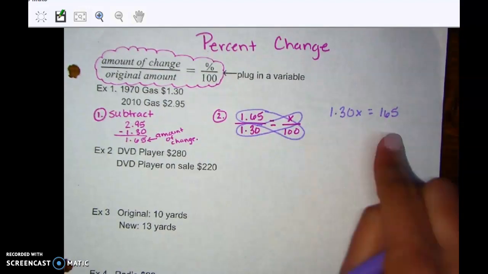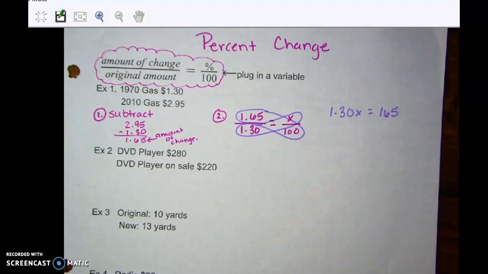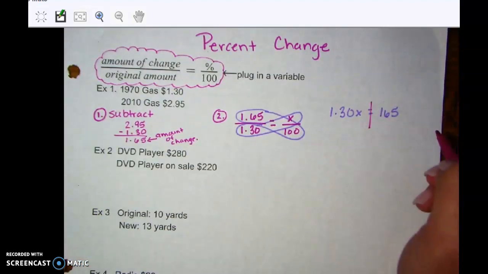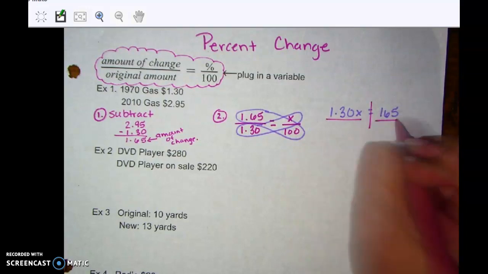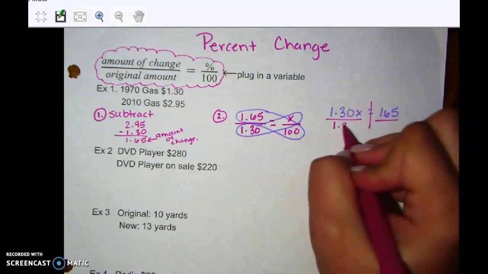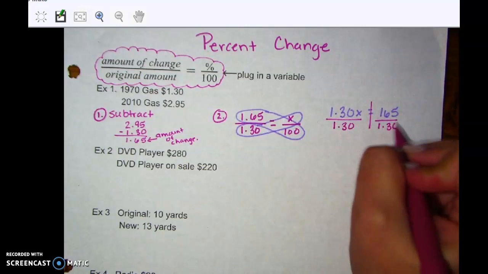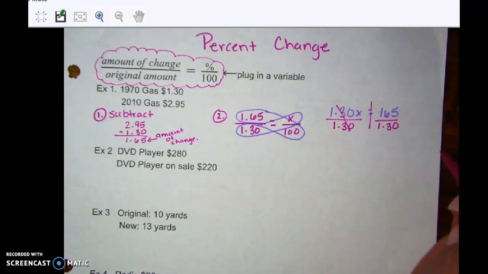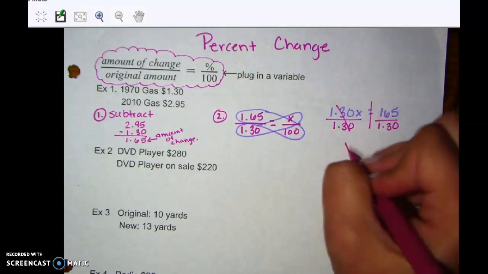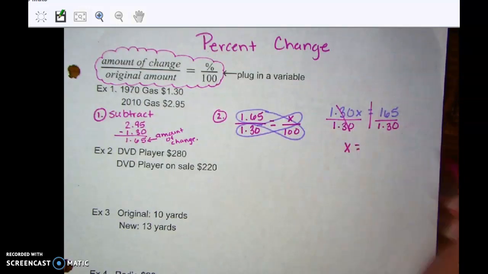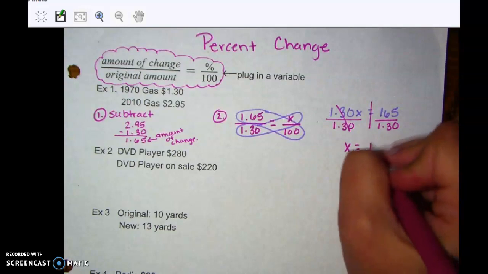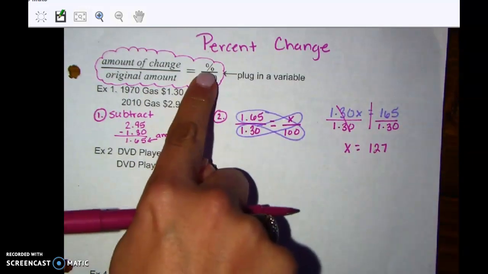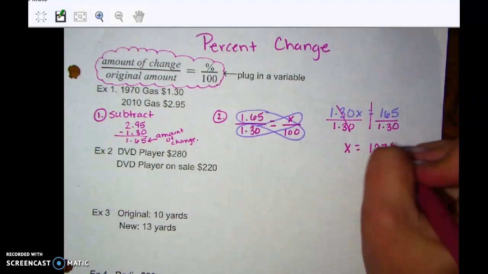And now you're back to solving your one-step equation that we've worked on for quite a while now. So draw your line through the equal sign, get your variable by itself. So we'll divide by $1.30. This cancels to be a 1, so we're left with x equals, and when you divide that out, you will get 127. And because it's in the percent spot, we have to put 127%.